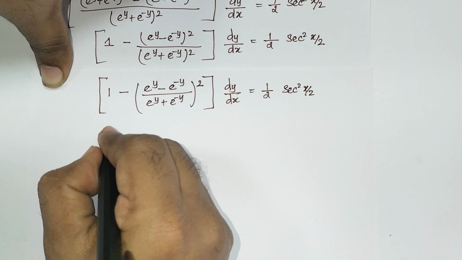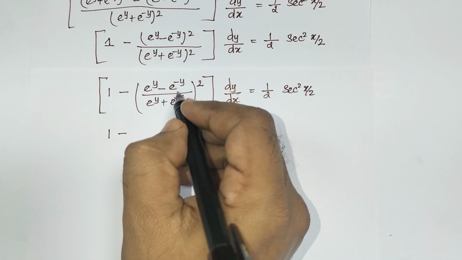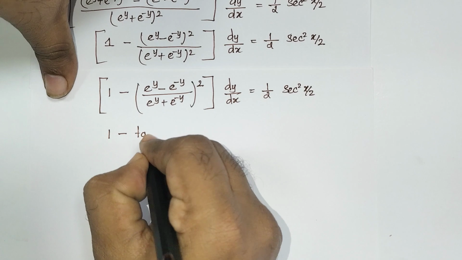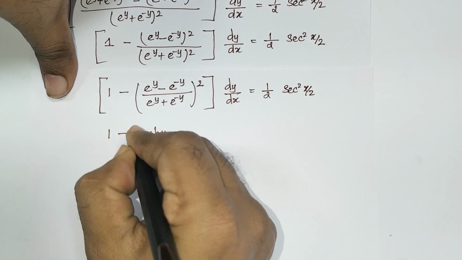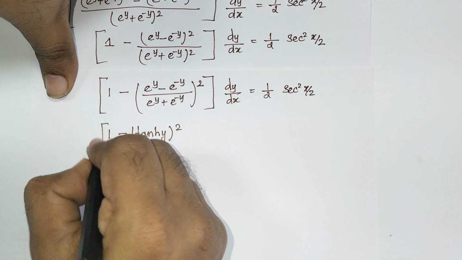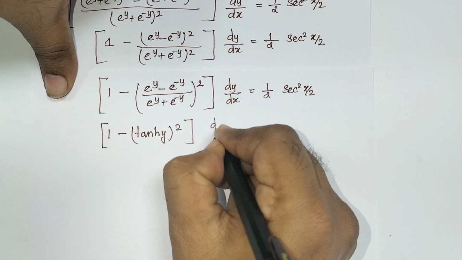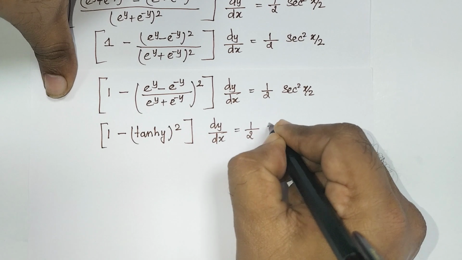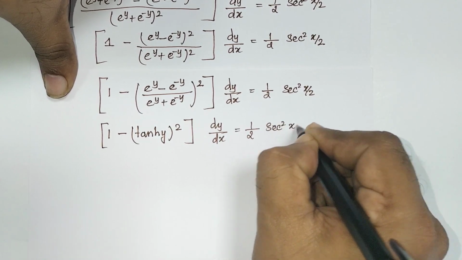So I'll write here 1 minus this e power y minus e power minus y divided by e power y plus e power minus y, means we can write tan hy whole square, dy by dx equal to 1 by 2 secant square x by 2.